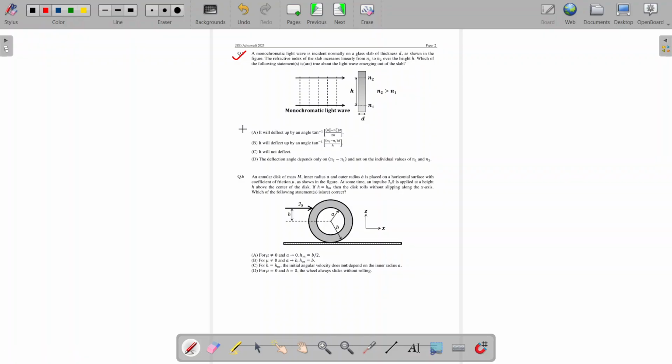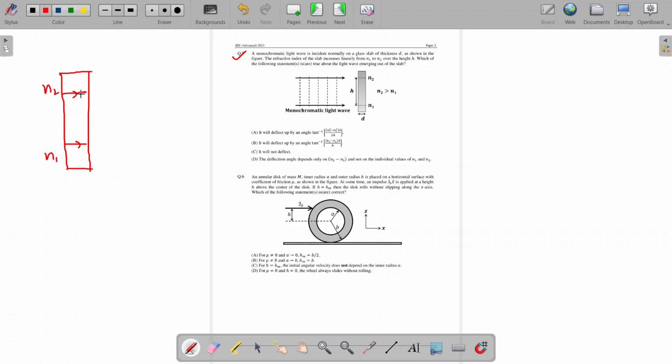Figuratively, we are trying to say that light will travel this particular distance in N1 and the same distance in N2 as well.